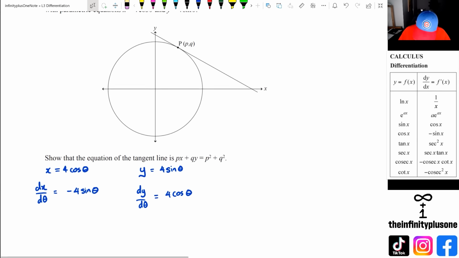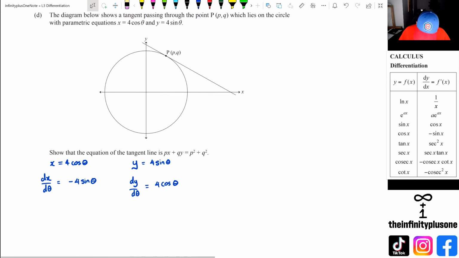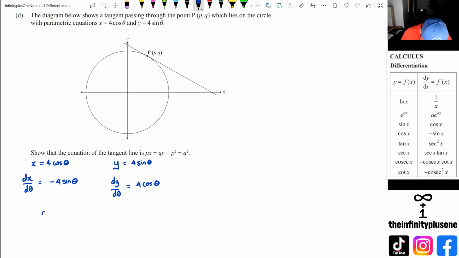So with that in mind, we can actually put down dy dx together. So dy dx equals dy d theta times d theta over dx. So we're going to get 4 cos theta multiplied by 1 over negative 4 sine theta.